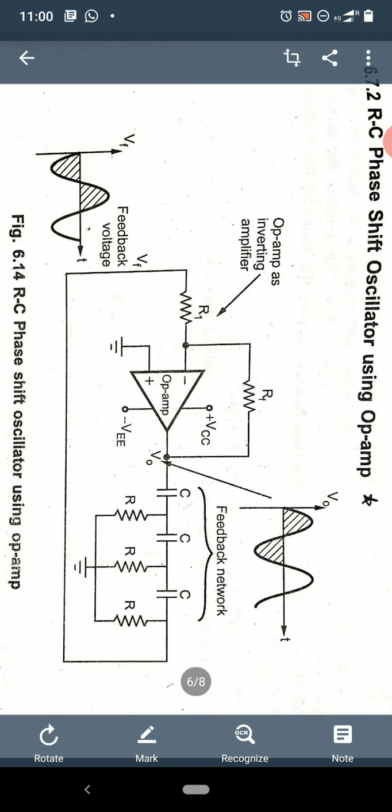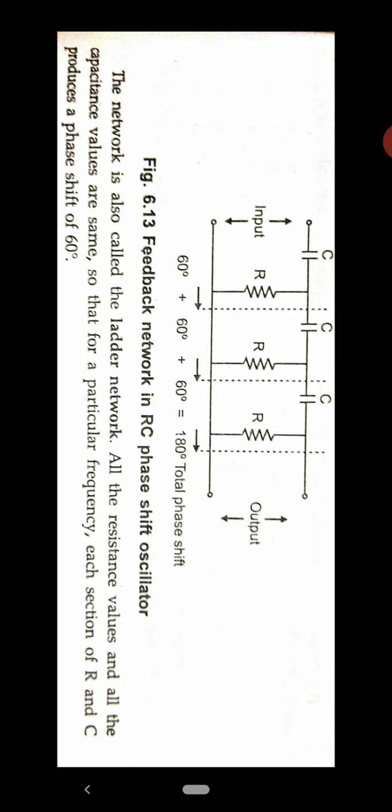Because of these two stages, the amplifier and the feedback network, the phase shift around the loop is 360 degrees. So this is one criterion. It is also important how the R and C sections are taken.